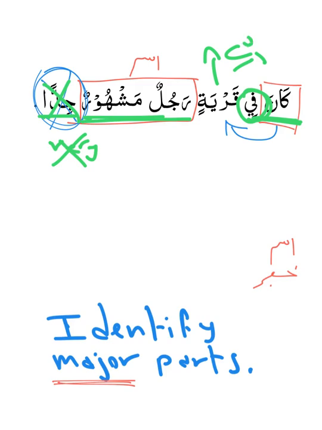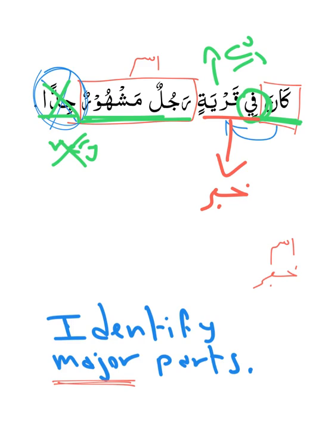So it's quite obvious, where is the khabar of kana? The khabar of kana is here, fi qariyah. Like I mentioned, don't worry too much about jiddan at this stage. So there we are, we've got the ism and we've got the khabar.